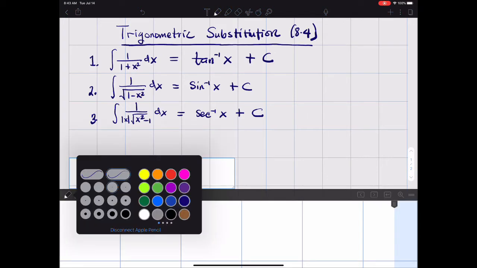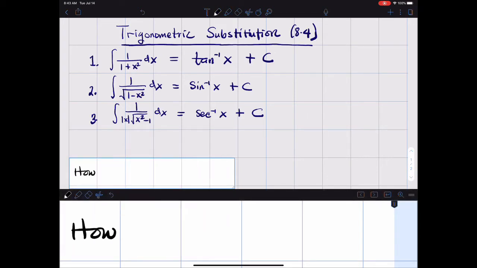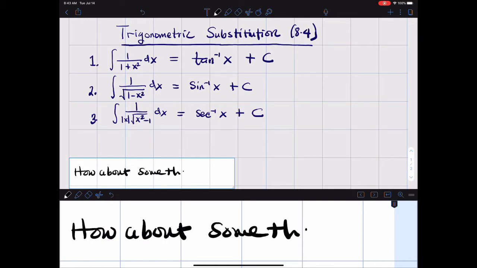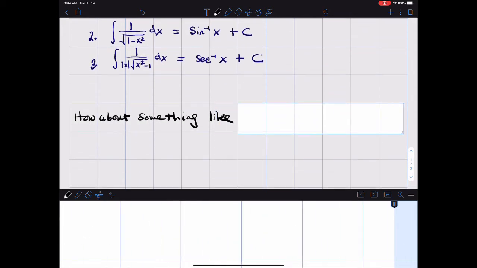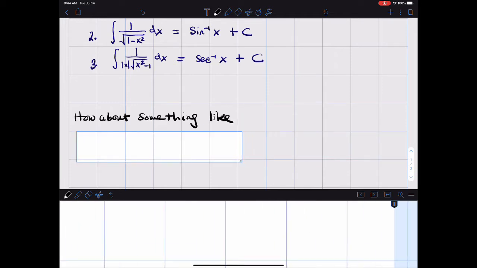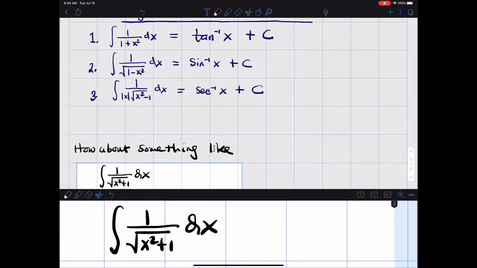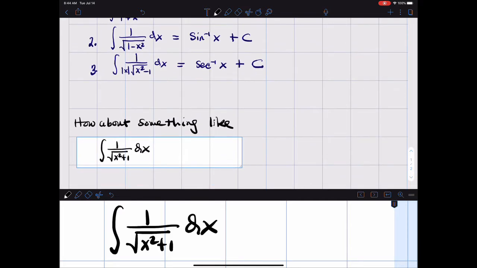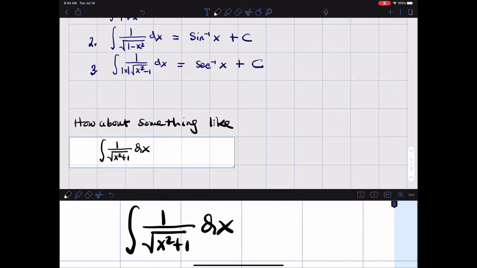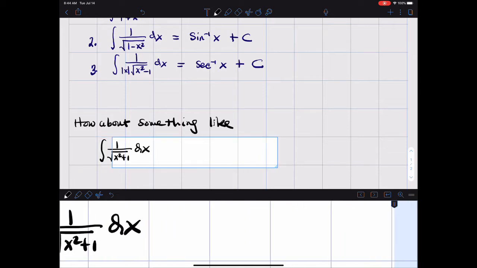Integrals like the integral of 1 over square root of x squared plus 1 dx. I mean, we have 1 over square root of 1 minus x squared dx, and we know that it's inverse sine of x plus c. But we don't have any quick way of getting this.